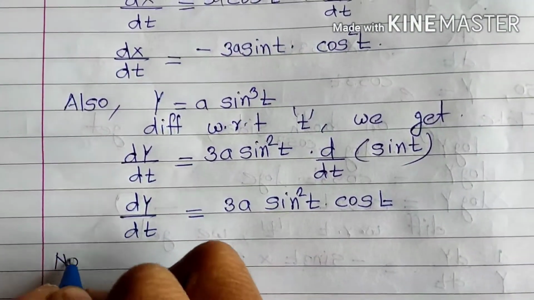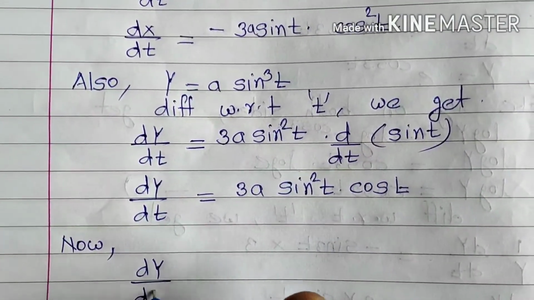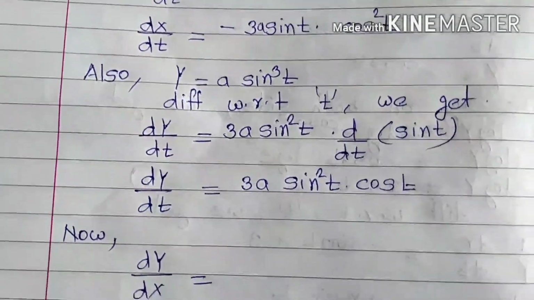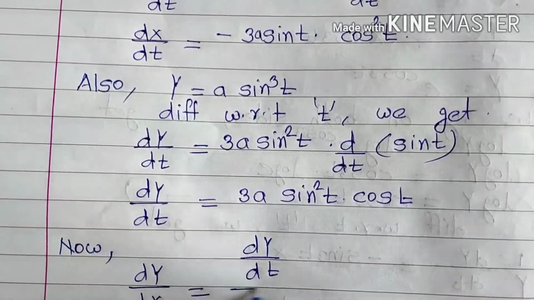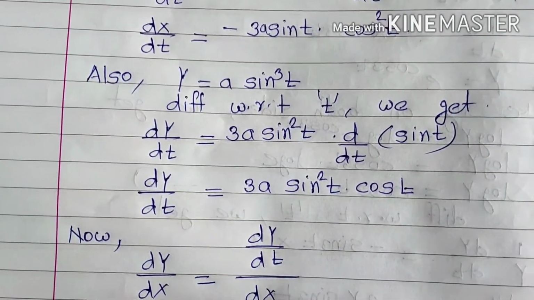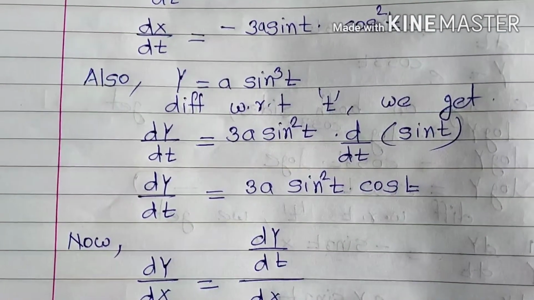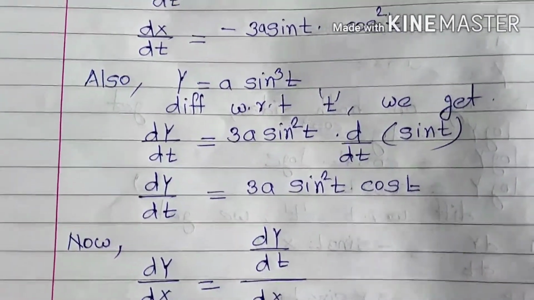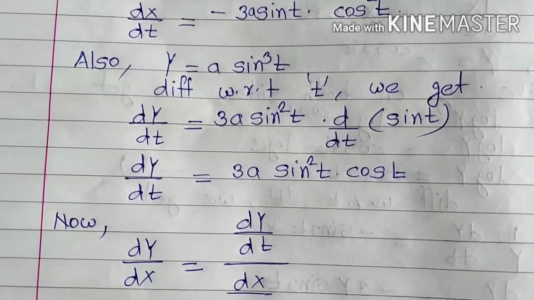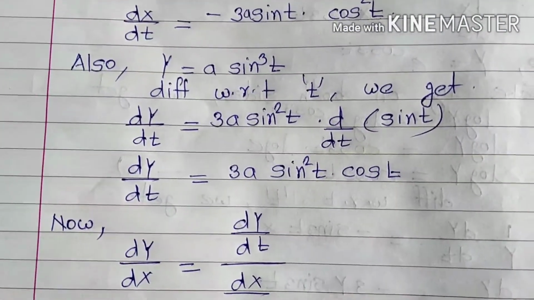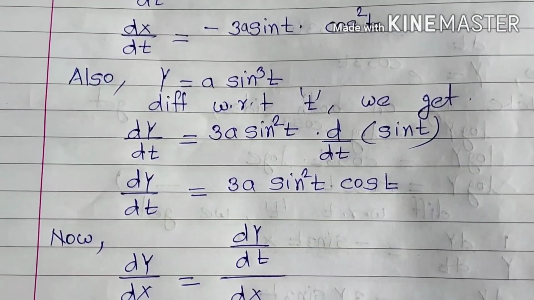Now use our theorem, dy upon dx is equal to dy upon dt upon dx upon dt. Put the values, 3a sin square t into cos t upon minus 3a sin t into cos square t.